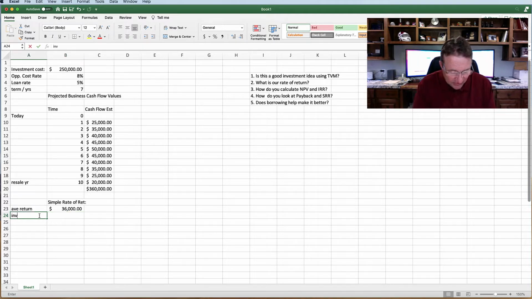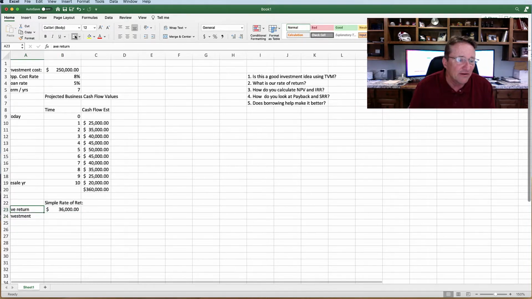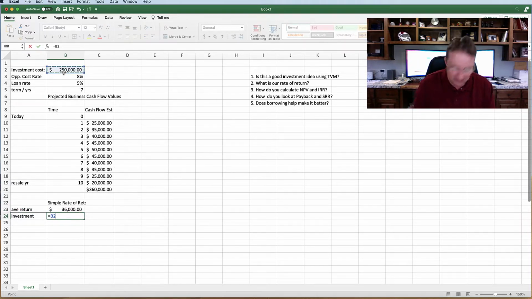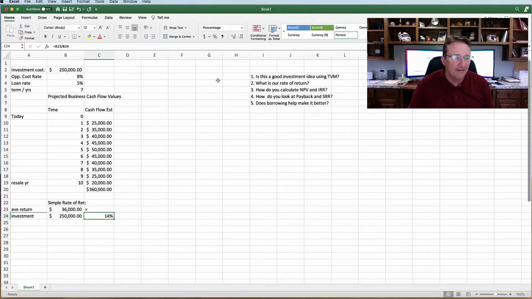You divide that by the investment, so it's the average return divided by the investment, which in this case is $250,000. Simple rate of return is just dividing those two out, and it looks like our business makes about 14.4%. So when you have an opportunity cost of 8%, earning 14.4% seems like it would be a good idea.